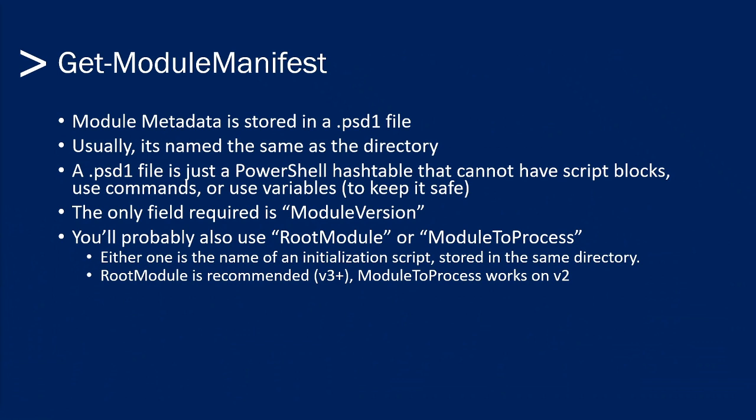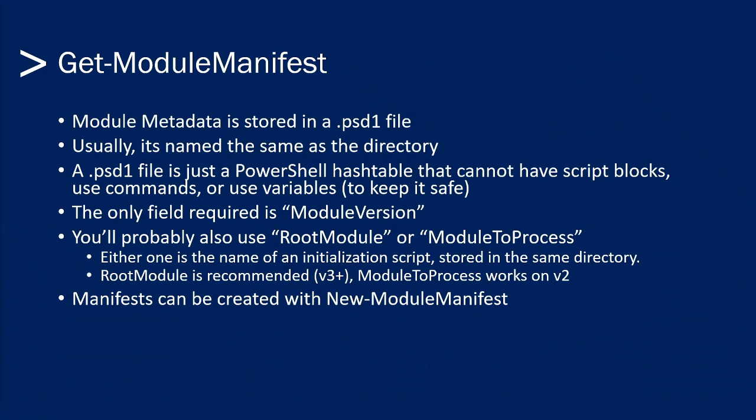I would agree that RootModule is a more obvious name than ModuleToProcess. ModuleToProcess was the original one. So if you have users that still use V2, first smack them, then give them ModuleToProcess. Right? Actually, we'll get back to building that PSD1 structure in a bit.